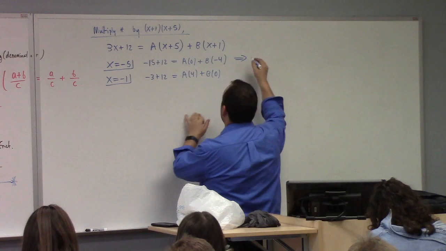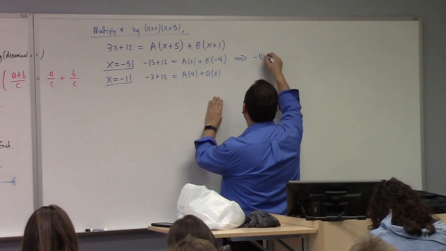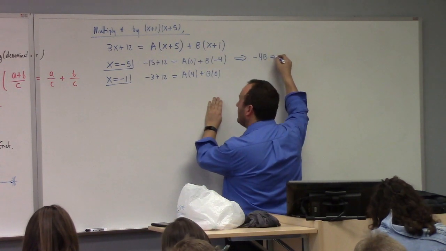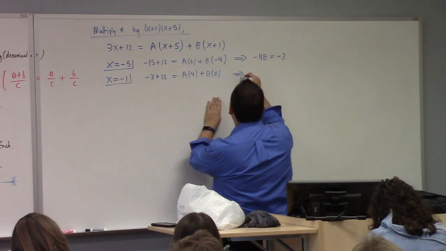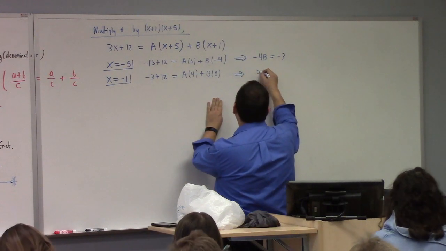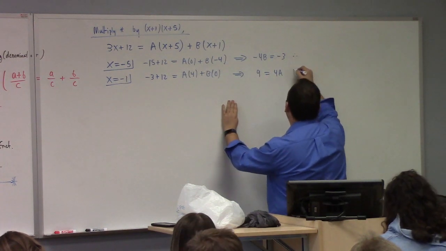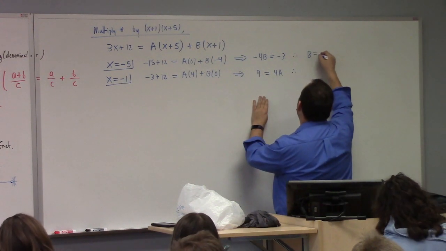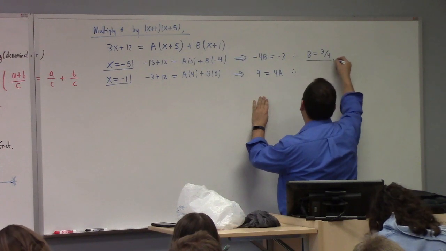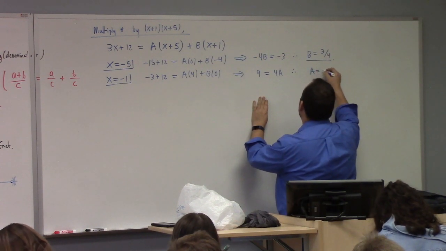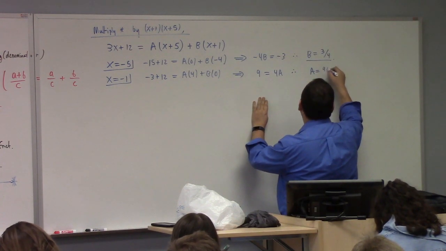So the first equation implies that minus 4B is equal to minus 3. The second equation implies that 9 is equal to 4A. Therefore, B is 3/4, and A is apparently 9/4.